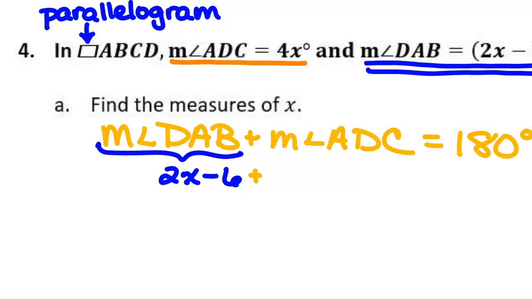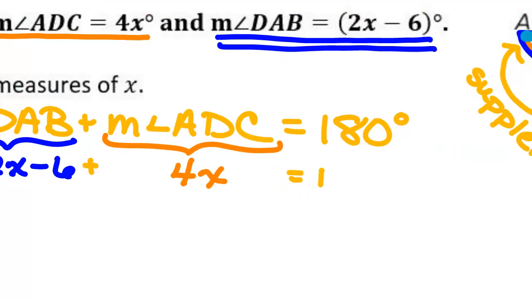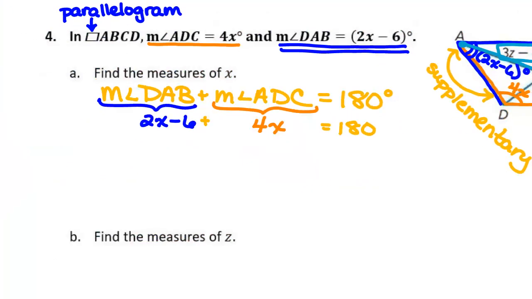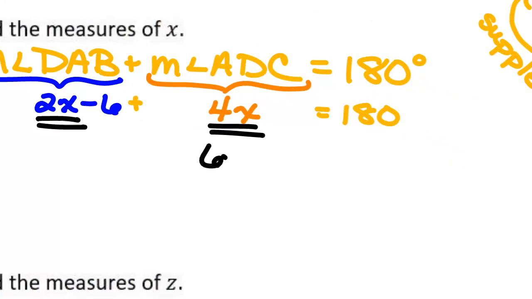Angle ADC is 4x. That's equal to 180. All right, let's solve this for x. First thing I need to do is combine my x's together. What do I get when I combine 2x and 4x together? We get 6x. So 6x minus 6 equals 180.